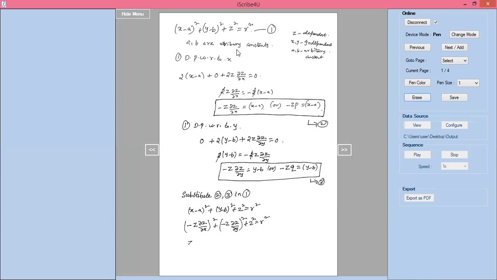I can take z square outside. So if you square it, z square into (dou z by dou x) whole square plus z square into (dou z by dou y) whole square plus z square equal to r square.